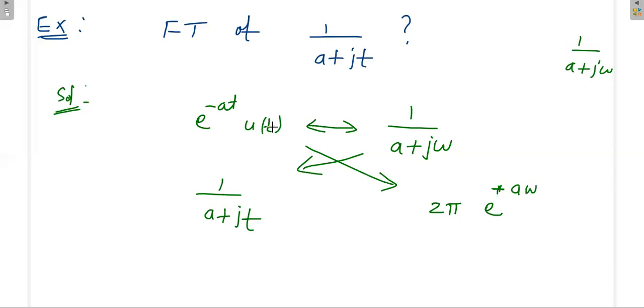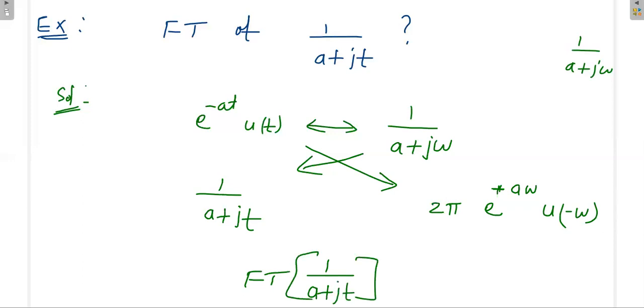Again, t we also have to replace, that is u of minus omega. So the Fourier transform of 1 by a plus jt is equal to 2 pi e power a omega u of minus omega.